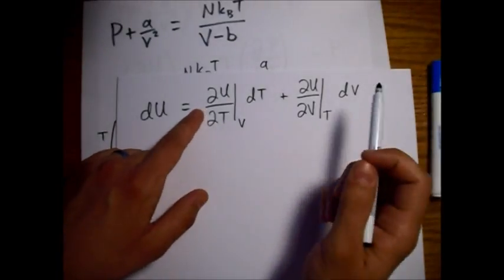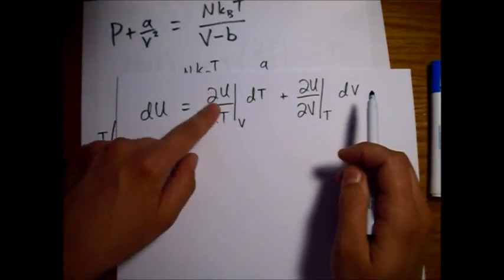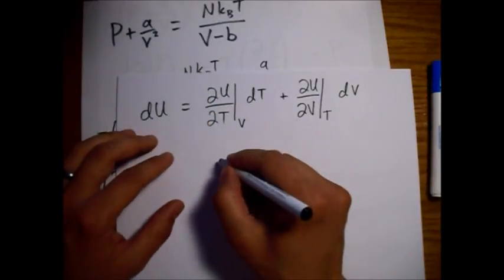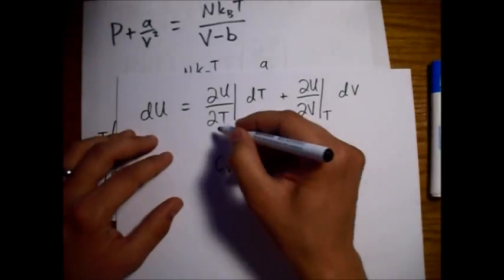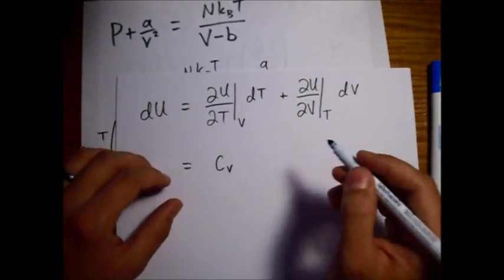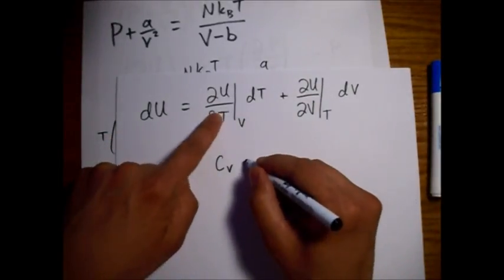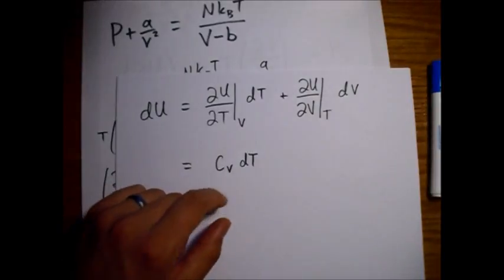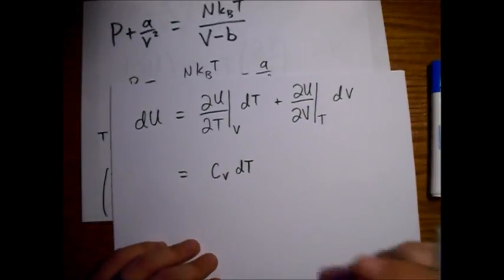This derivative of energy with respect to temperature at constant volume is just CV. So this piece right here is just CV, and we bring down the dT.